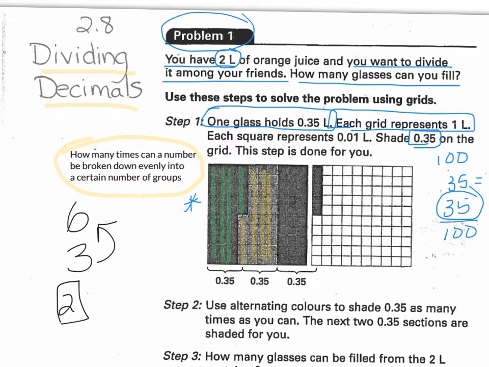That's 2. 10, 20, 35. That's 3. I'm going to keep going. 10, 20, 35. And when you do it, alternate colors. 10, 20, 35. And I cannot fill in the rest evenly, so I'm going to stop there.